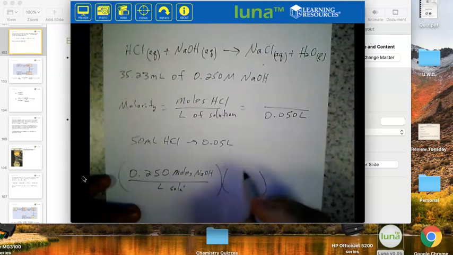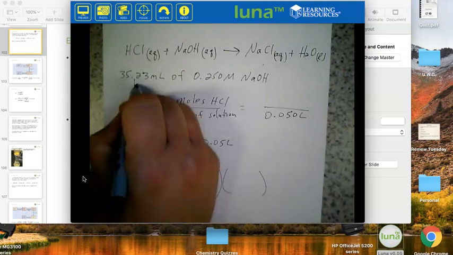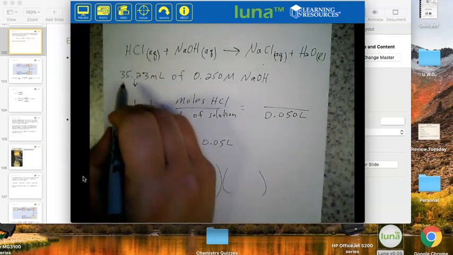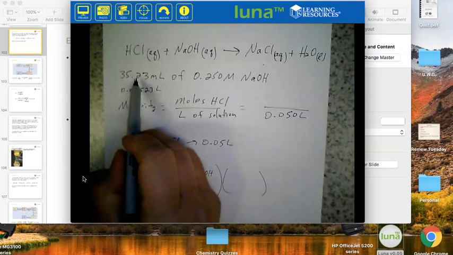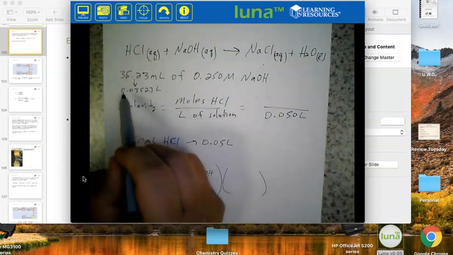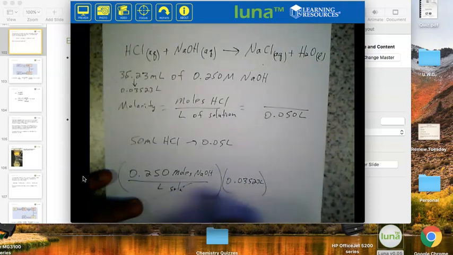And then if I multiply it by the volume here in liters, so 35.23 milliliters is 0.03523 liters. Right? If I divide it by 1,000, moving the decimal point over 3 places to the left, so 0.03523 liters.